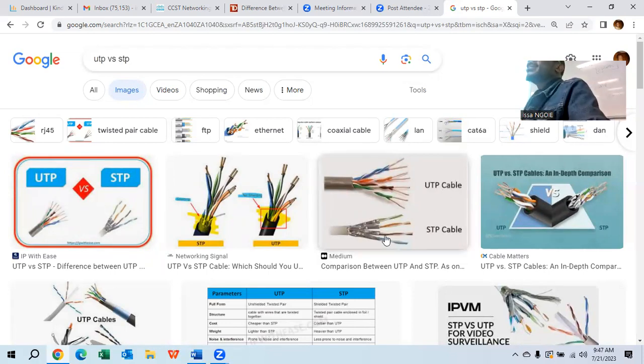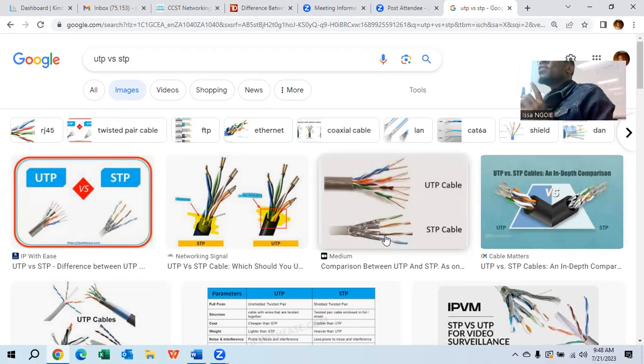Remember, guys, you can take the STP, your cable can pass next to the lights, and it won't bend the cable, so it won't interfere, like maybe the machines. So when you run your network where there are so many machines, like the industries, like the air conditioner and so on, go for this STP, but it's very expensive. Why? Because of the extra protections.